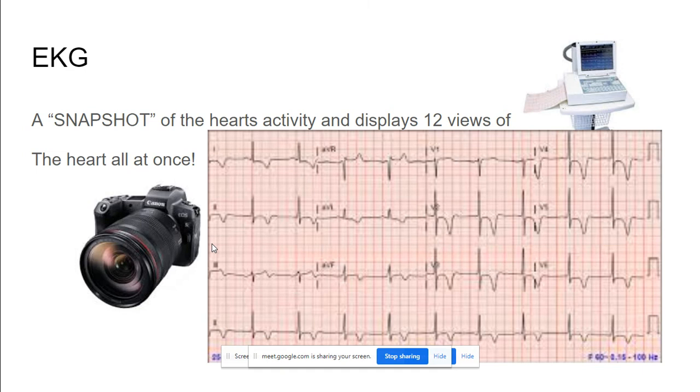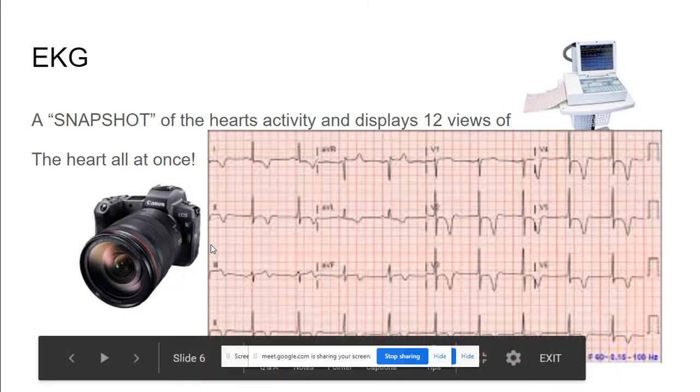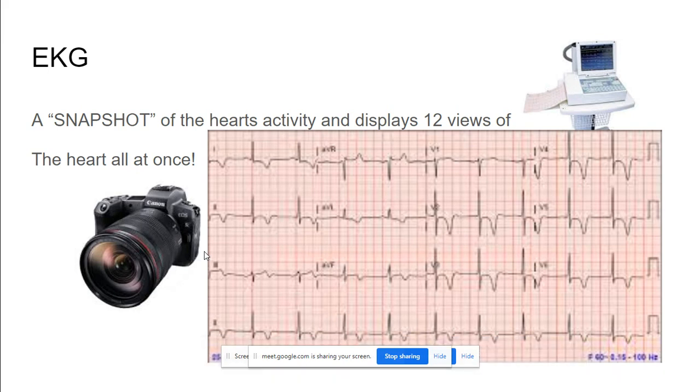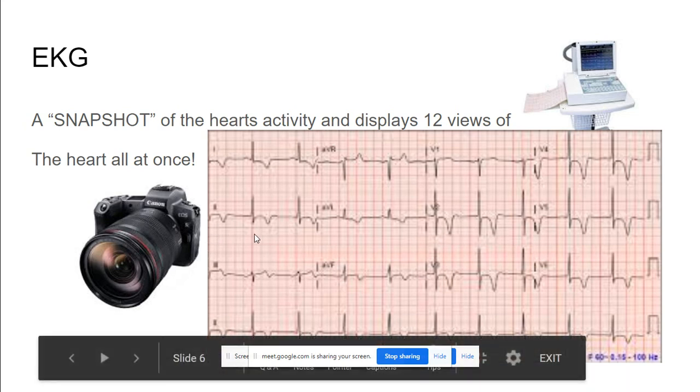So you would print it off, and the anesthesiologist or the cardiologist or whatever type of physician is going to compare these different leads. So basically, it is a collage of all the leads together printed on one piece of paper. And if you look closely right here, this picture is kind of blurry, but lead 2 is typically printed at the bottom across the whole bottom.